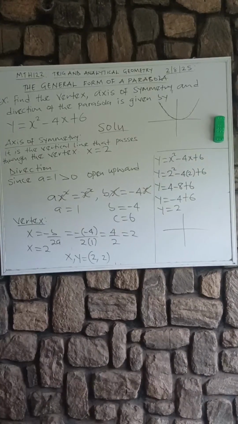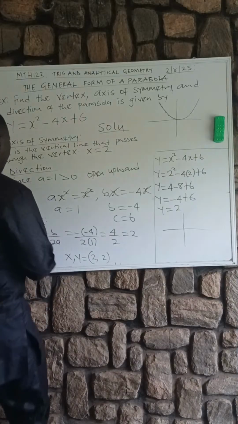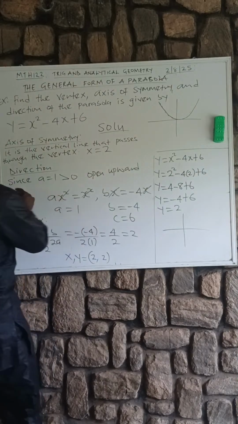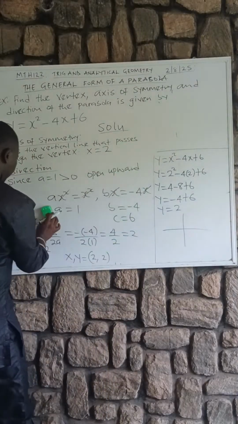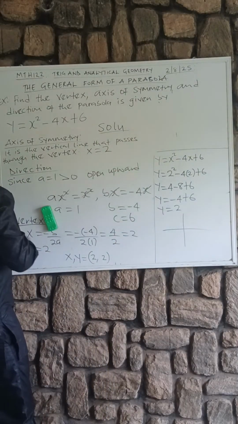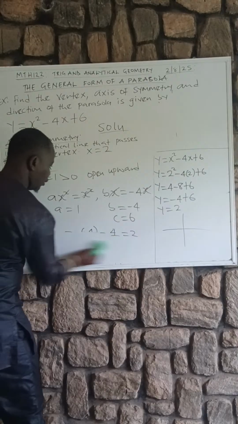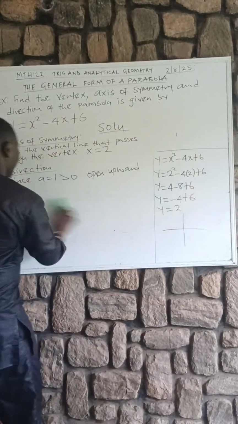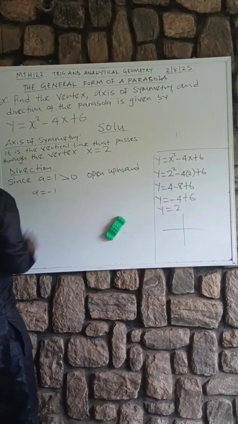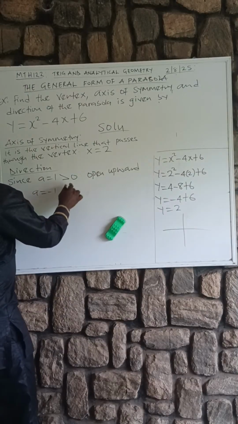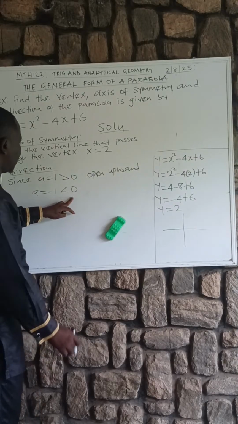How will the parabola be? It will be downward, true or false? Because assuming A is equal to -1, it means -1 is less than what? 0.